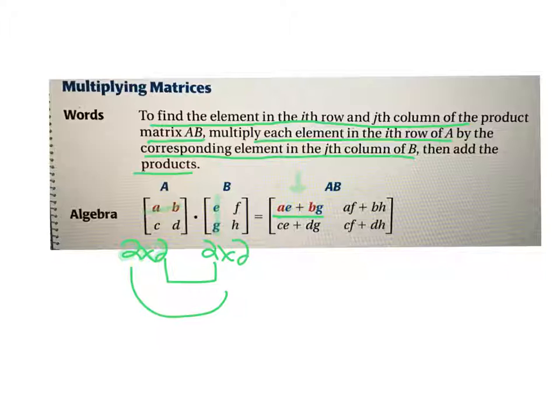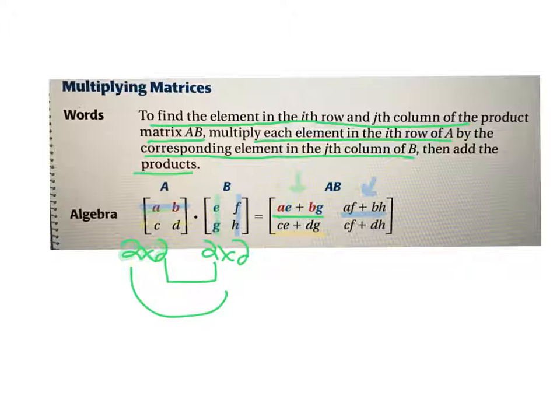When I go to my next spot, which is in the first row, second column, I'm going to multiply the first row times the second column and add the two numbers together. When I go to here, that is the second row, first column.